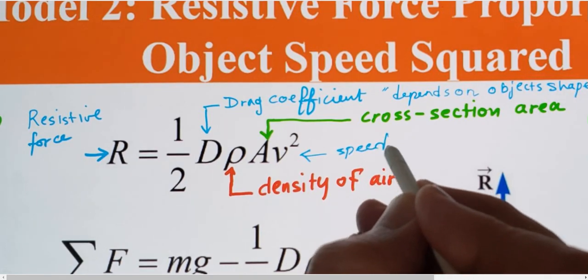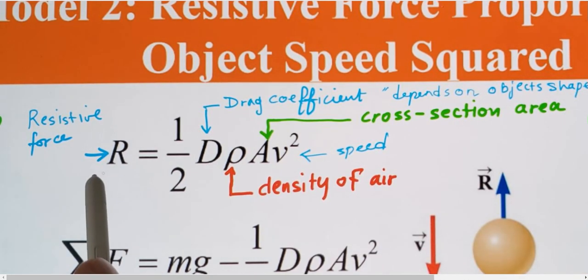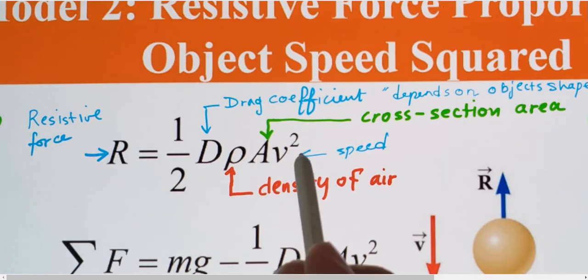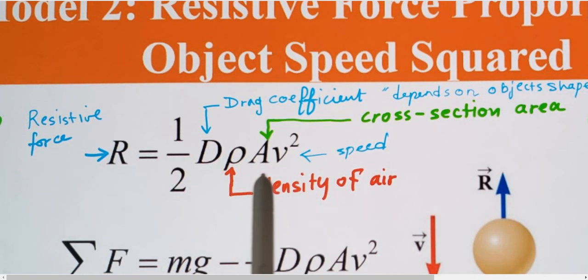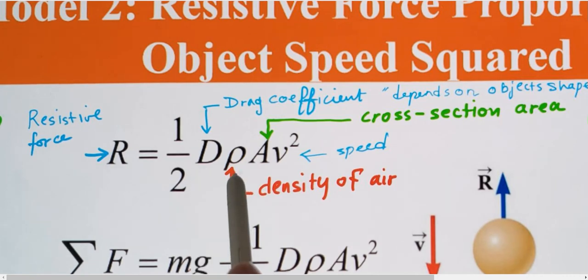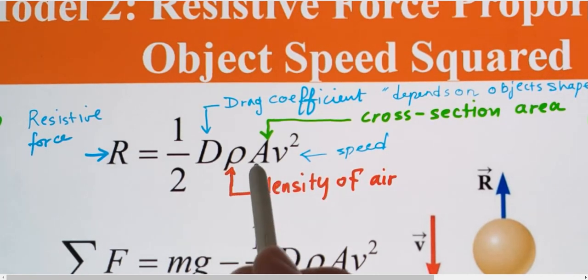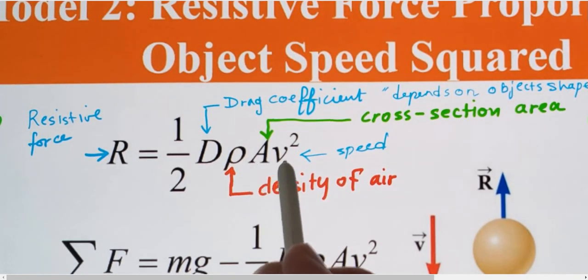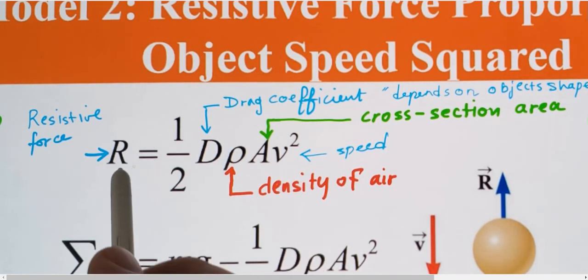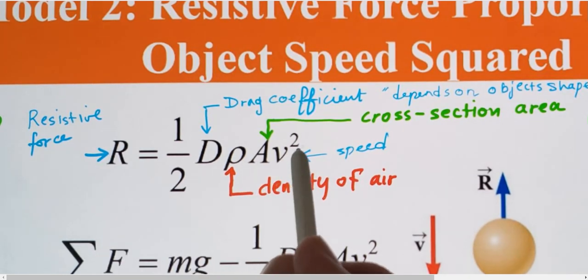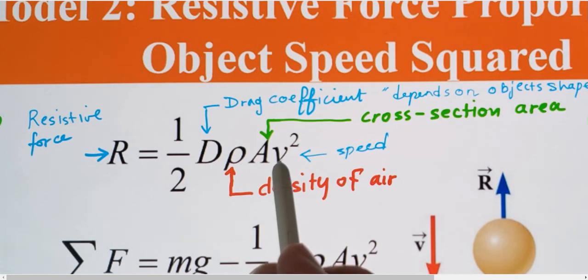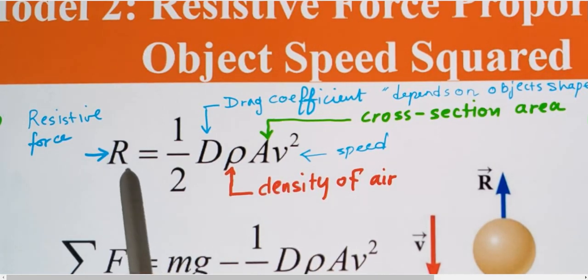Because we said the resistive force is proportional to V square. لاحظوا drag coefficient is constant, density of air is constant, cross section is constant, and then V square. So R depends on V square. When you increase your speed, R will increase with the square of your speed.